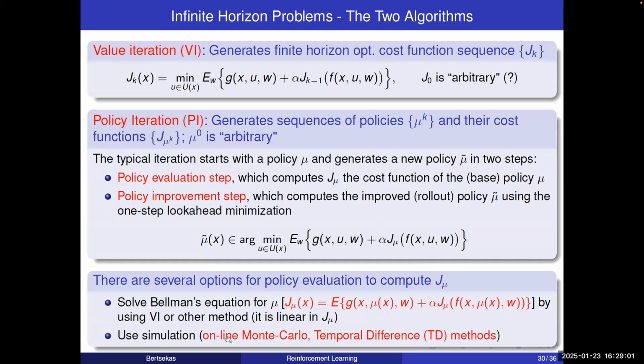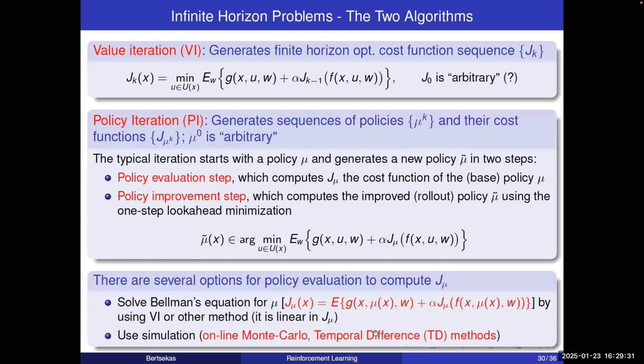Alternatively, we can use simulation. For example, if we don't really have mathematical formulas for all those expectations, for the distributions of random variables and disturbances, we may just run simulation in order to find samples of the random variable and to compute the expectation approximately.